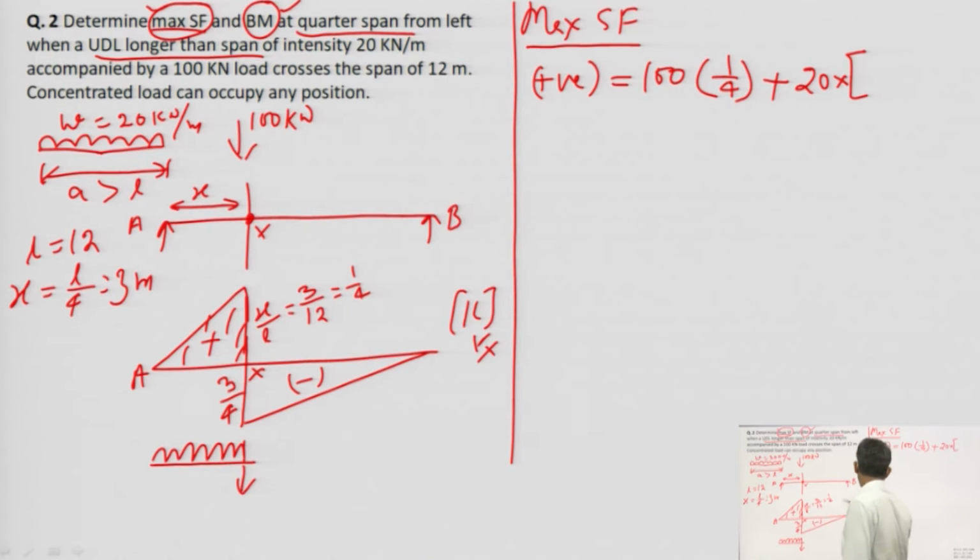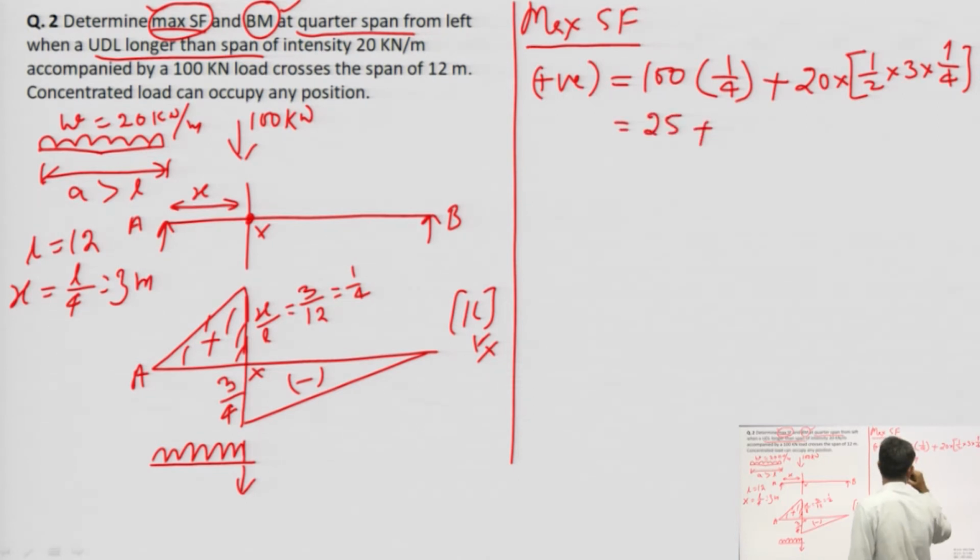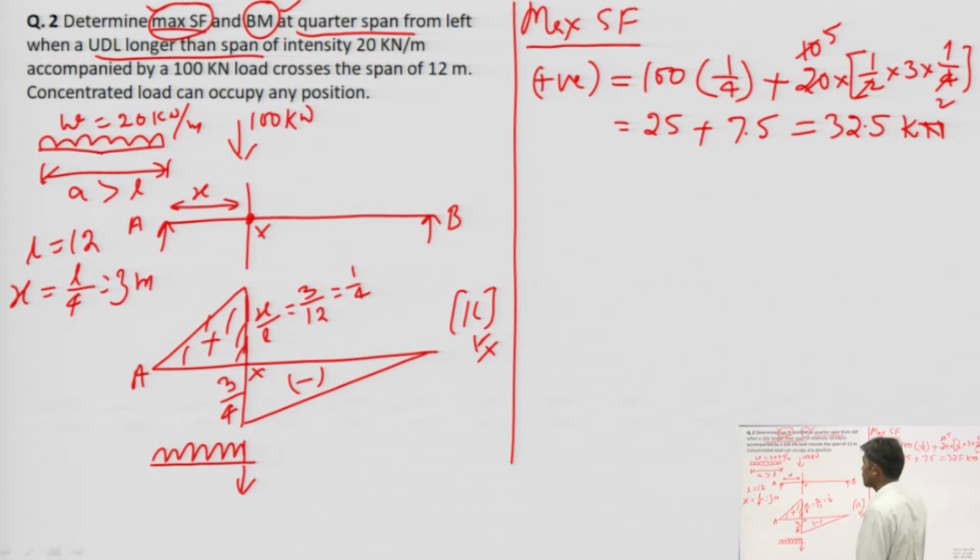The base is 3 and the height is 1 by 4. Calculating, it is 25 plus 20 into 3 by 8, which is 7.5, and it gives us the value of 32.5 kilonewton. So, this is the value of maximum positive shear force.